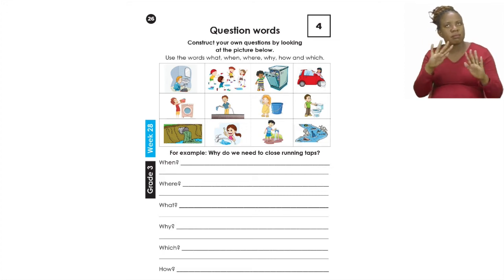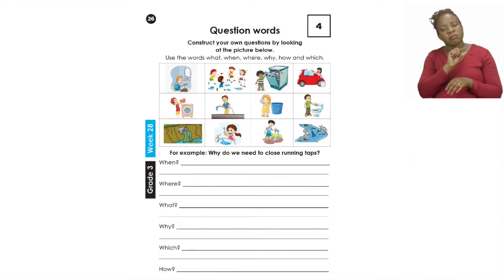So you can now go ahead and look at all the pictures given on top of the page, and you can use any one of these pictures to construct your own sentence. Remember, you can always use the example on top to help you. The example is, why do we need to close running taps?